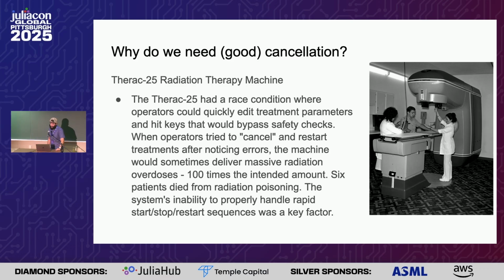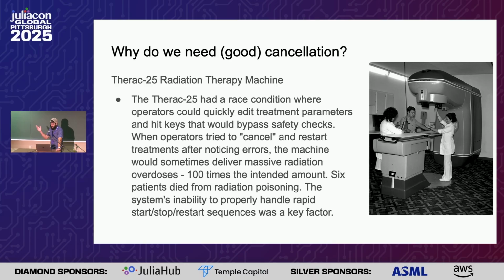I'm sure there's plenty of people here who've heard about the Therac-25 radiation machine. If you haven't heard of it, it's a great example of when cancellation goes wrong. Basically, you try to cancel radiation while it's being given to a patient, and suddenly the machine's like, oops, I'm going to crank it up 100 times and subsequently either kill or permanently maim the patient.